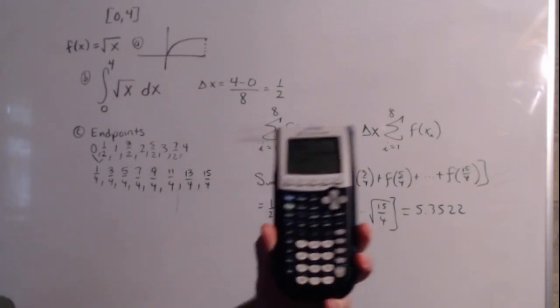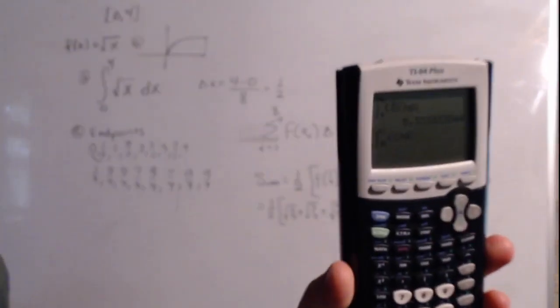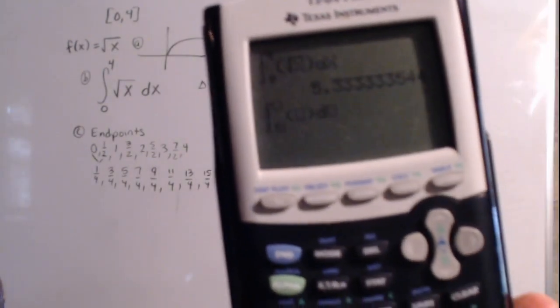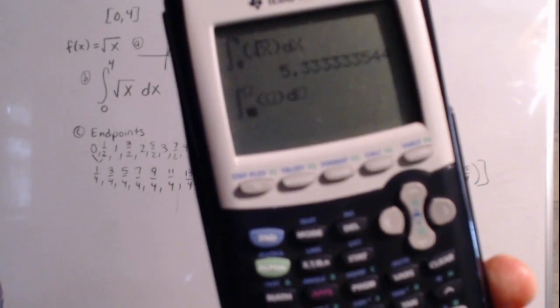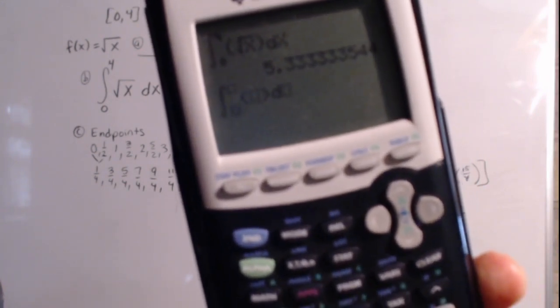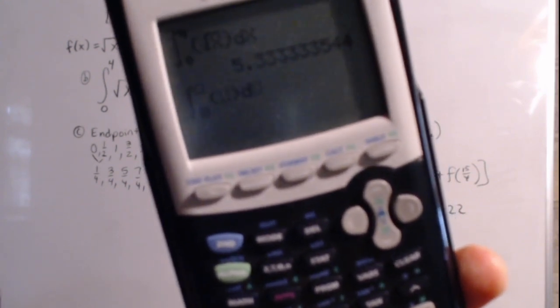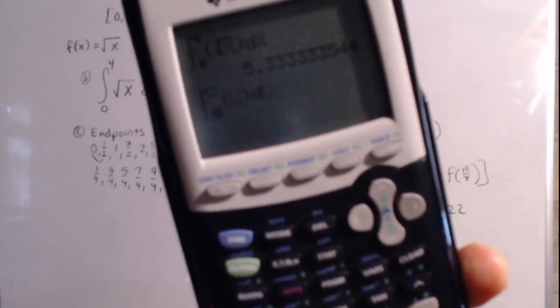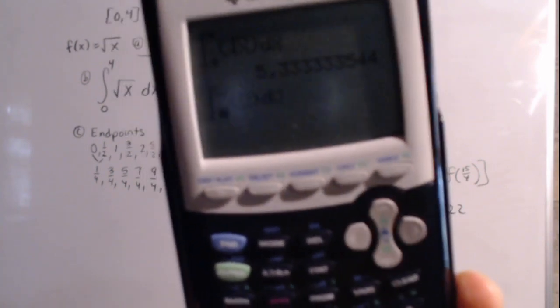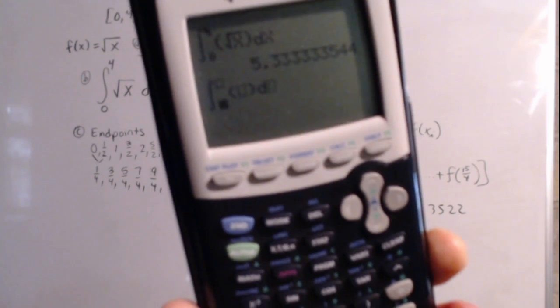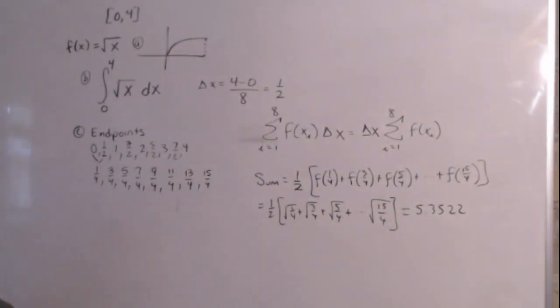So let's see if I can get this up here for you. So you should automatically get the integral symbol with the two positions that you can put in the values, and then the function, and then with respect to what variable. Sorry. So I've already calculated it once, but that's what yours should look like. If it does not, let me know. So I'll give you a minute to answer that.